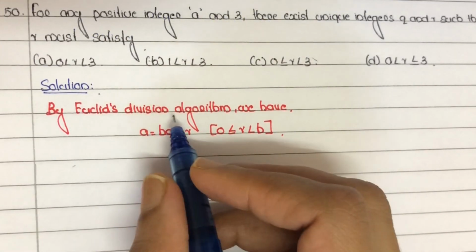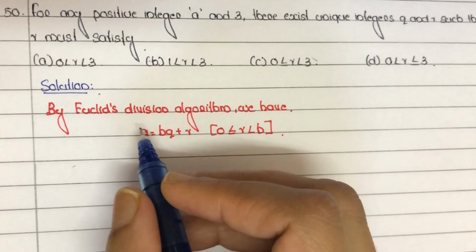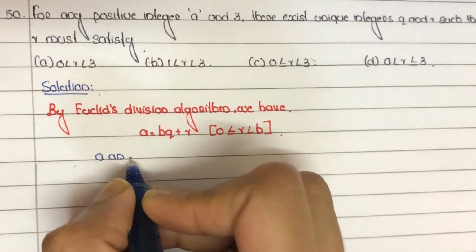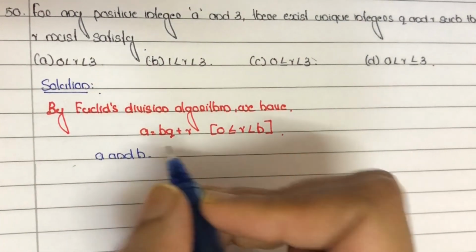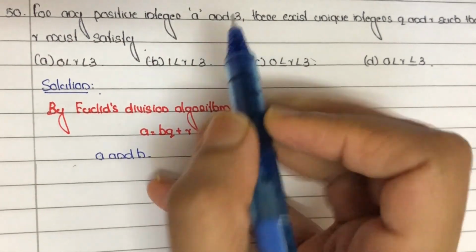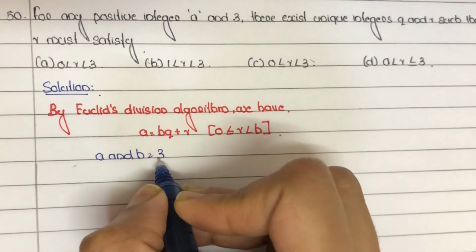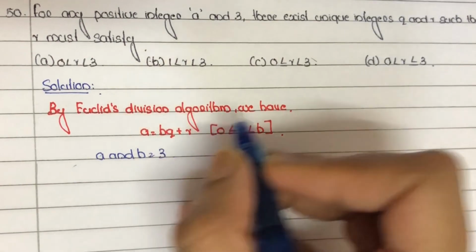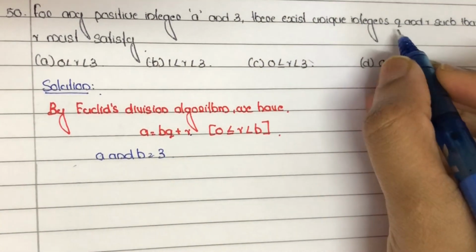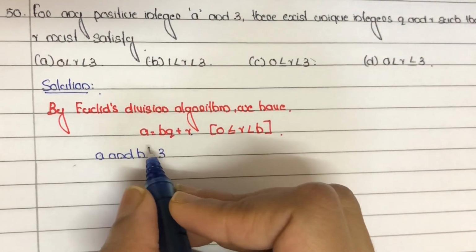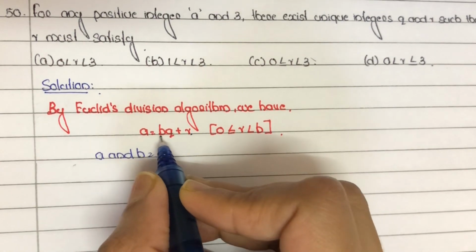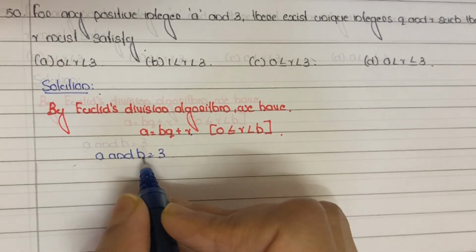By Euclid's division algorithm, we know that for any positive integers a and b, here for any positive integers a and 3, so b equal to 3. Now the second sentence is: there exist unique integers q and r. They must satisfy the condition a equal to bq plus r.